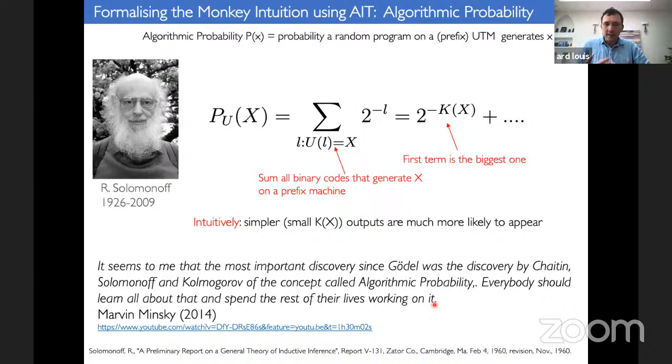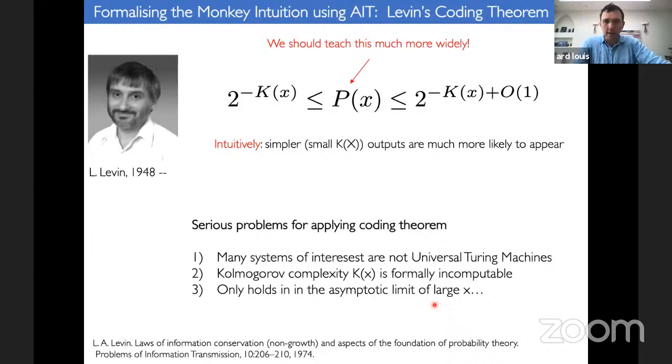You see already that things that have a low Kolmogorov complexity might be more likely to appear. This idea was formalized in a different but very closely related argument by Leonid Levin, who pointed out that this algorithmic probability was bounded not only from below by Solomonoff's bound, but also from above, up to what are called order 1 terms, terms that do not depend on the x that you're trying to generate.